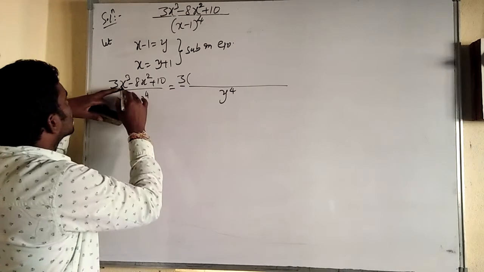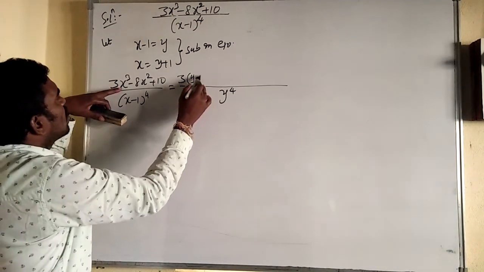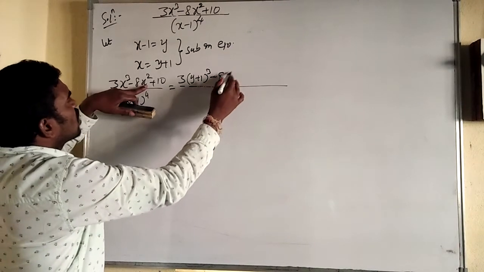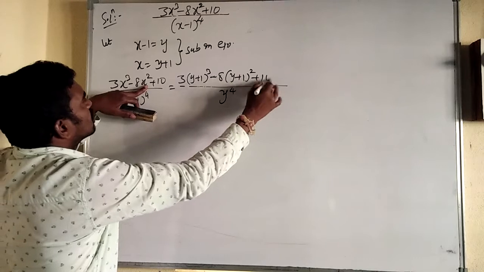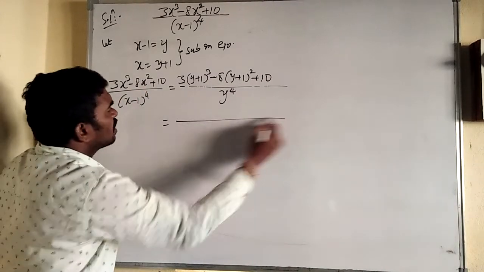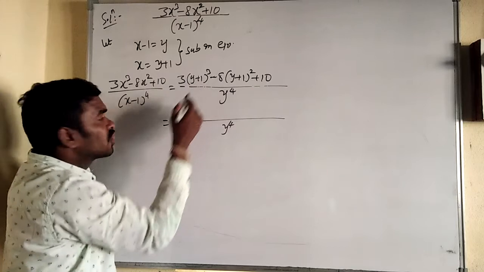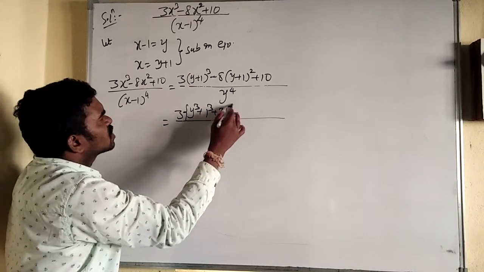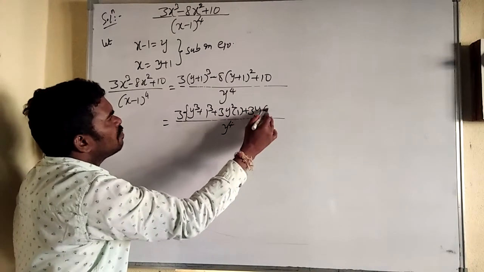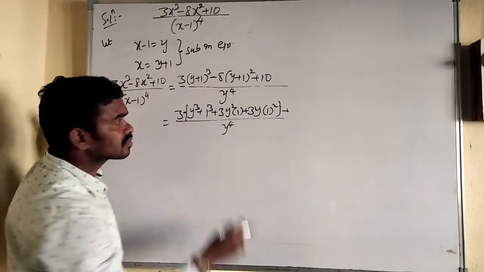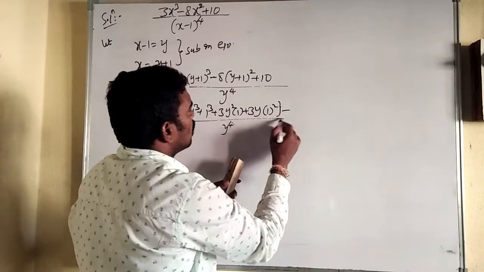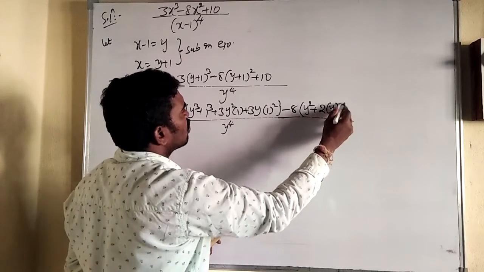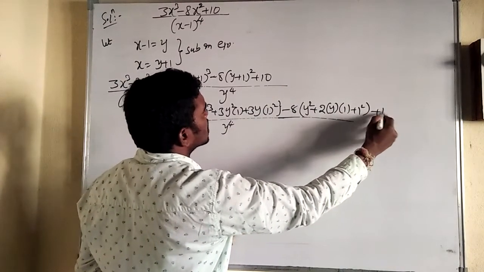So 3 into x means what? y plus 1. So 3 into y plus 1 whole cube, plus minus 8 into x square means y plus 1 whole square, plus 10. Okay. Just simplify the numerator, that's it. A plus b whole cube formula, what is that? a cube plus b cube plus 3a square b plus 3ab square. Minus 8 into y plus 1 whole square: y square plus 2ab means 2 into y into 1, plus b square, plus 10.